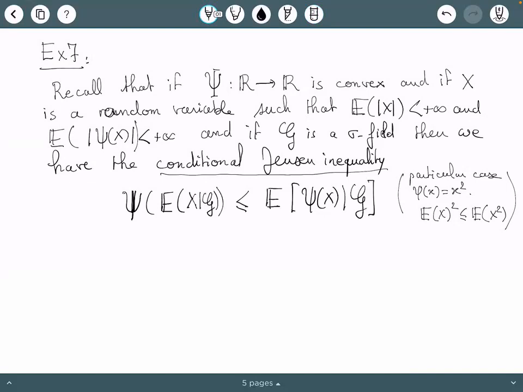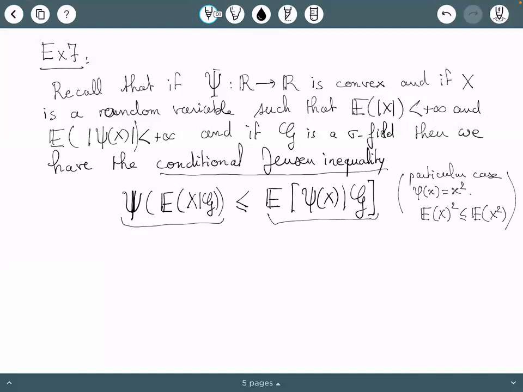You get what is called the conditional Jensen inequality, which is an inequality between random variables, because both sides are random variables which are G measurable.